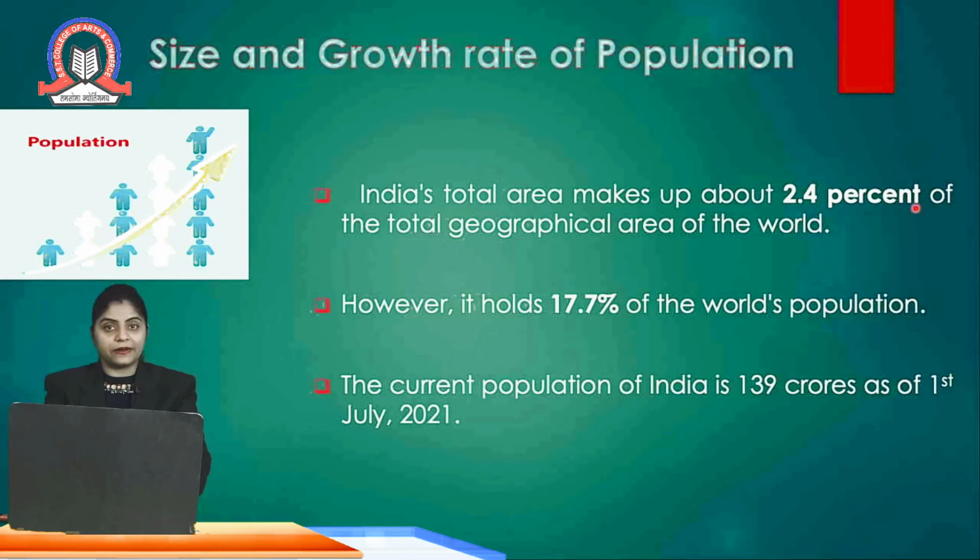We rank second in terms of population in the entire world, followed by China. The current population of India as of July 2021 is 139 crores. But the size of land is 2.4% only.